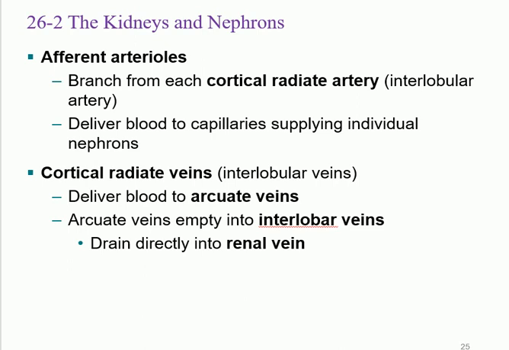The corpuscle plus the tubules, nephron, and the nephron is the functional unit of the kidney. You have to remember this. Nephron is the functional unit of the kidney. What's a nephron? Corpuscle plus tubules. What's a corpuscle? Capsule, glomerulus, and the space in between, including afferent and efferent.